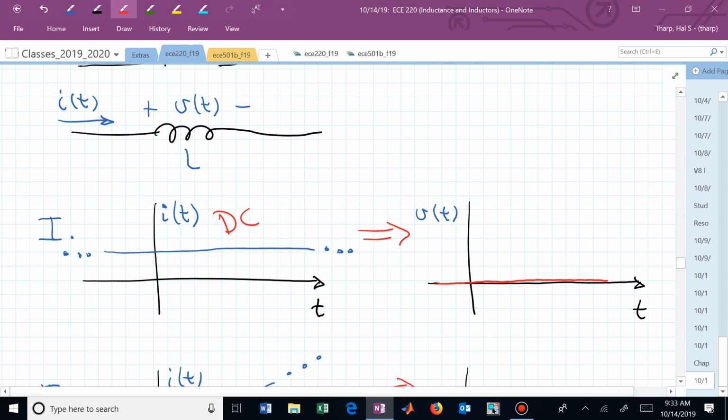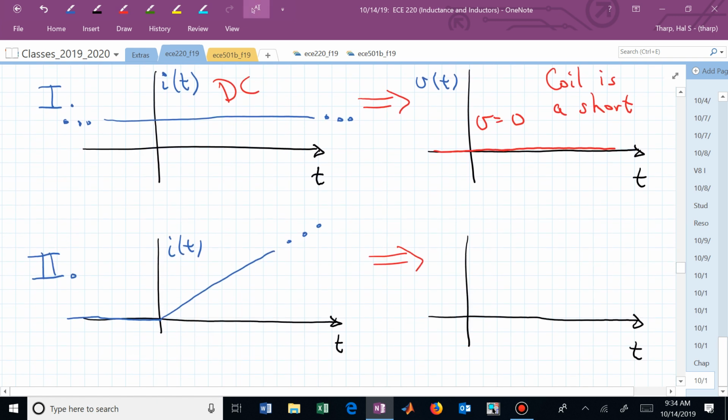It's pretty boring, isn't it? This is now 0, and the coil is a short. Case 2. What's V of t look like?